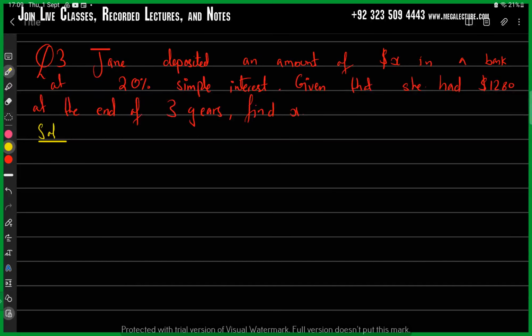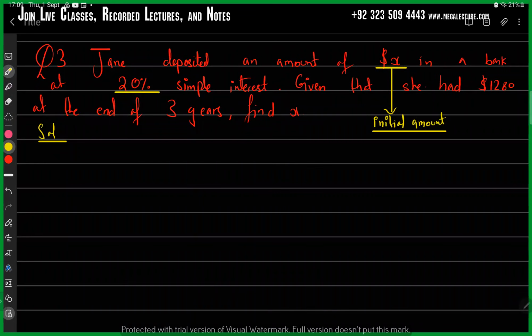Okay. Now the question says Jane deposited an amount of X dollars. What is this? This is my initial amount. Okay. This is my initial amount, and we don't have this initial amount. In a bank at 20% simple interest.